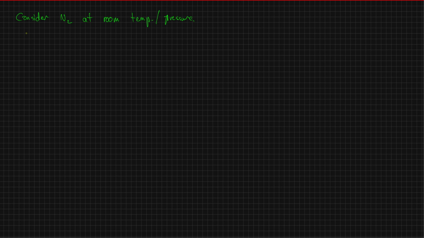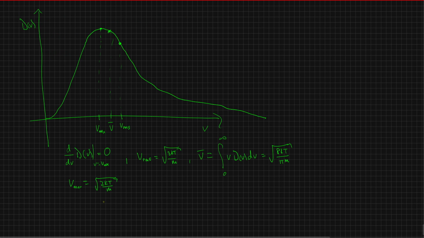Okay, so if you look this up and calculate the mass for an N2 molecule, it is like 4.65 times 10 to the minus 26 kilograms. So if we put in this mass and then the temperature that we need into the V max, at room temperature N2 will have a maximum speed of 422 meters per second.